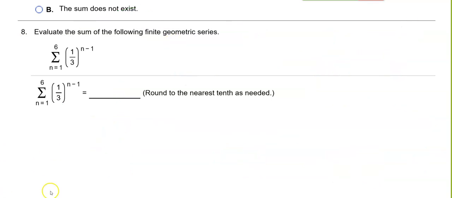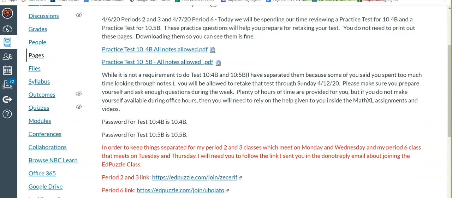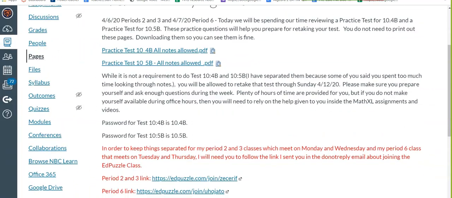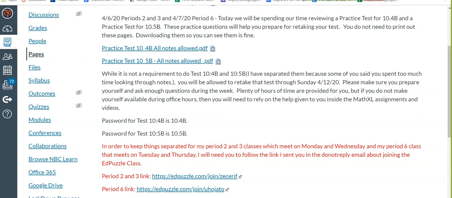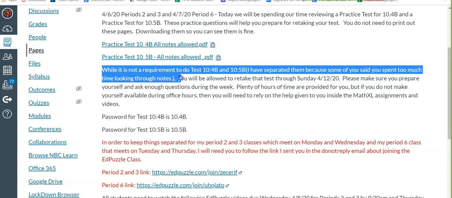I know this is all weird and different, so I want people to get a good score. It's not a requirement to do the 10.4 and 10.5b retake tests, but you have until Sunday night at the end of this week to retake that test.